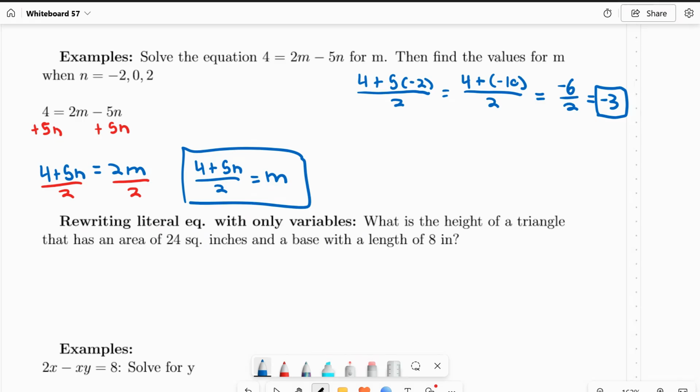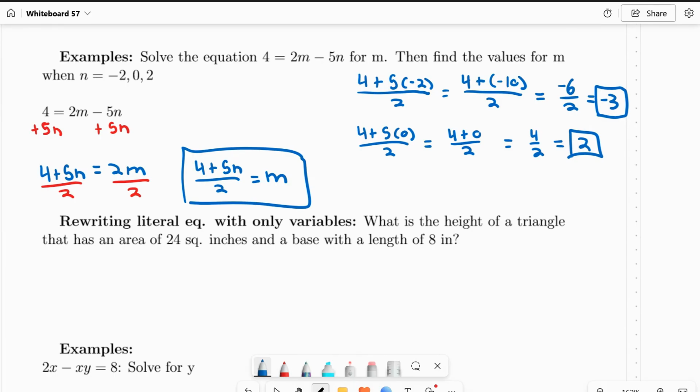Okay, I'm going to repeat the process for my other values. 4 plus 5 times 0 over 2. 5 times 0 gives me 0. So that's going to give me 4 plus 0 over 2, which simplifies to 4 halves, which equals 2.